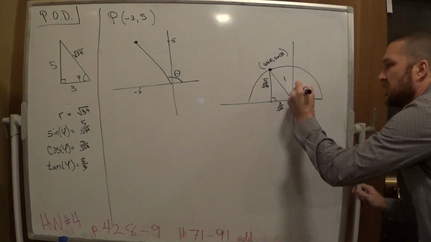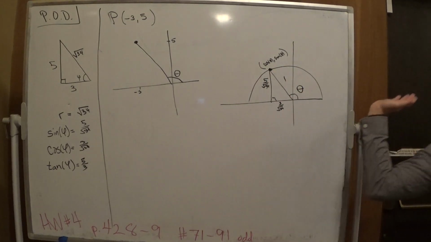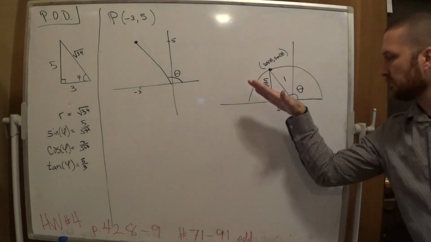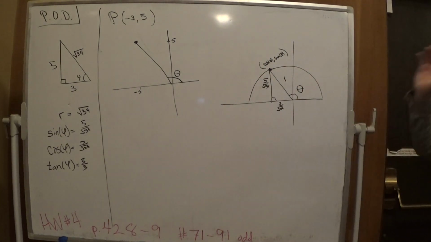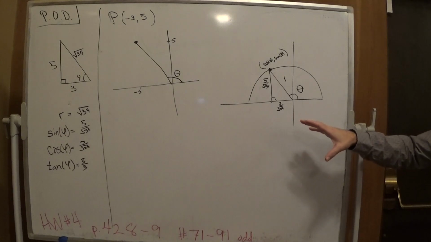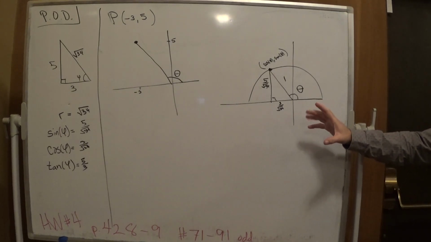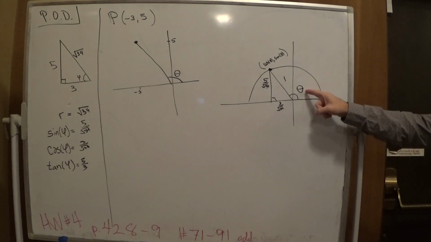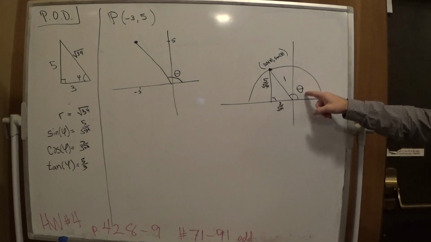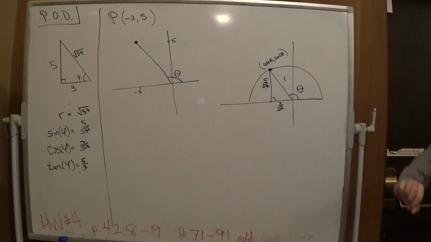If that's theta right there, that angle that's swept out, then when we extend sine, cosine, and all those to take on values for theta that are not acute, this is how we're going to do it.